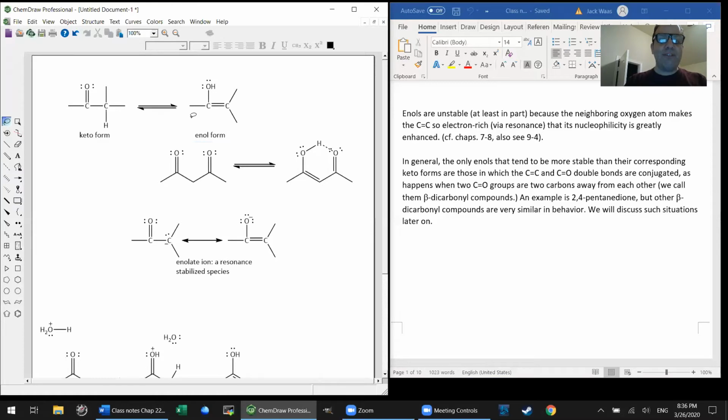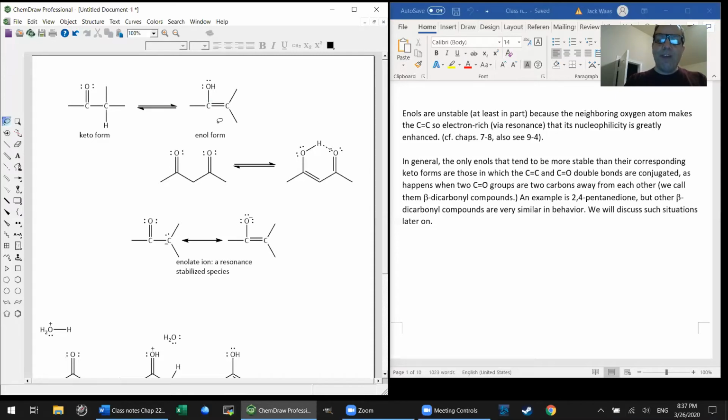Now, these two species are in equilibrium with one another in protic solvents. And ordinarily, the keto form is very much preferred. So ordinarily, the equilibrium, as I've written it here, lies very far to the left. But there is a mobile equilibrium between these two species.